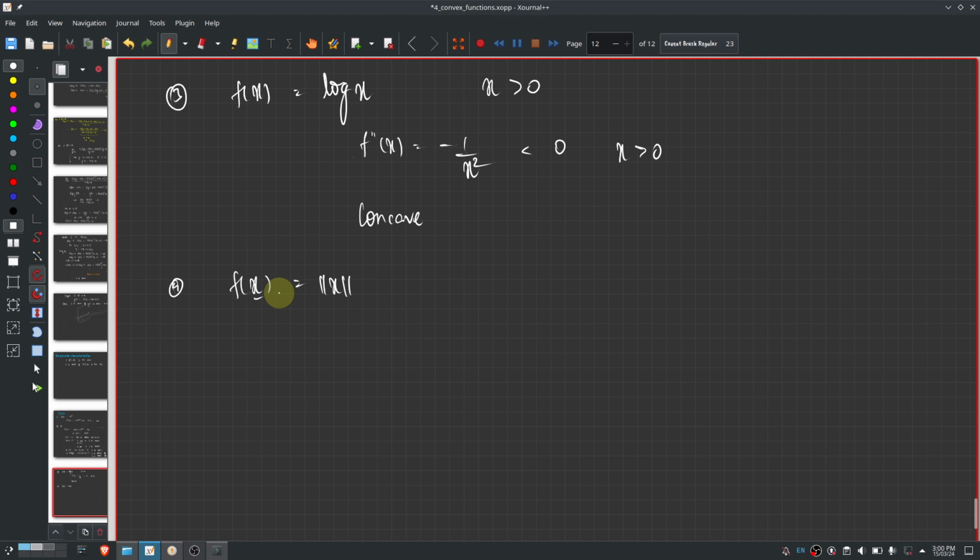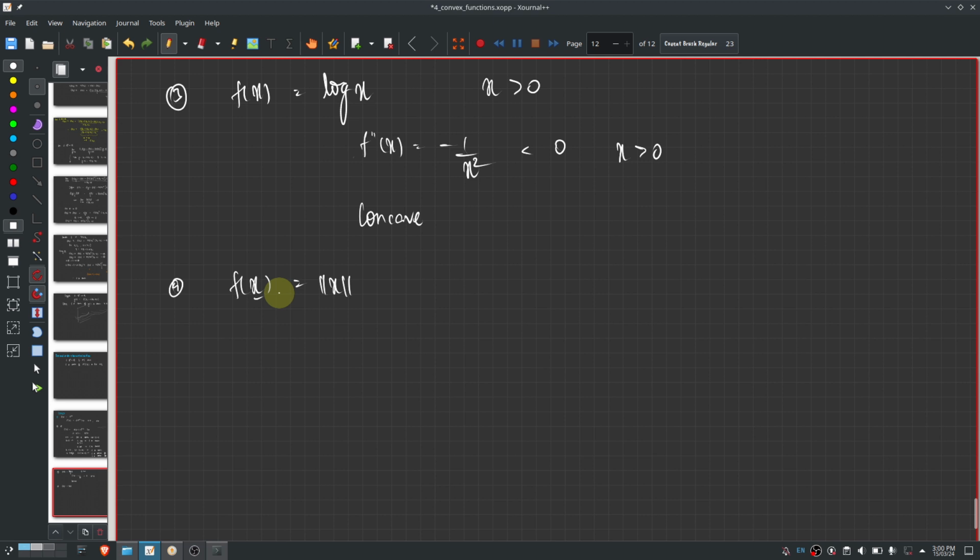Yes. If there's a finite number of points where f double dash is 0, and at the rest of the points, let's say it's positive. Can you give an example of such a function? X cube.